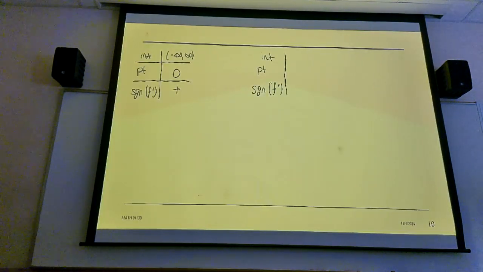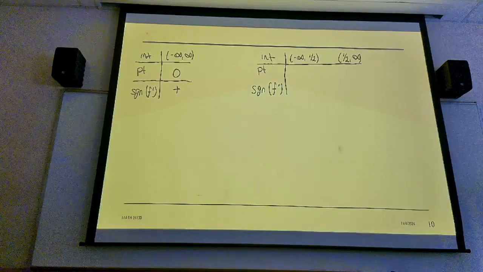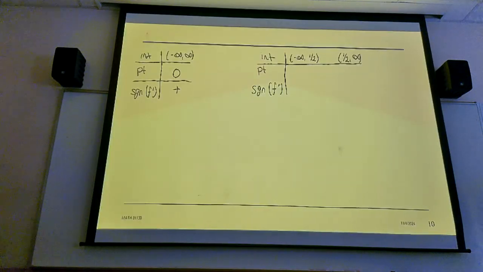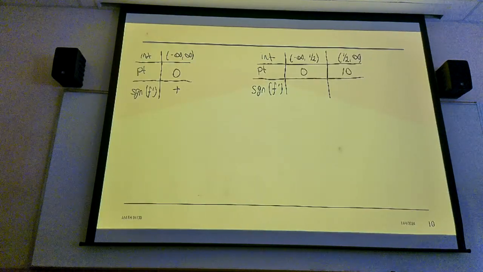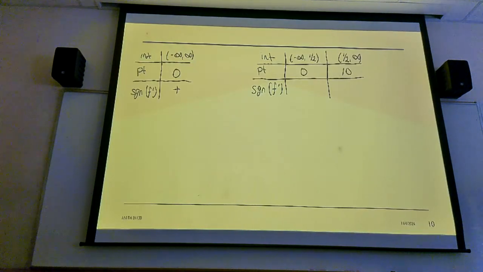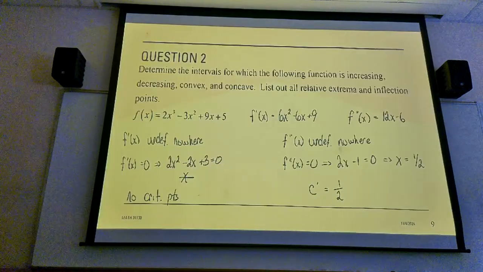F double prime did have a critical point. We're going to split the domain of f at that point. Choose a test point in each interval, then determine the sign of f double prime. At 0, it's negative. At 10, it's positive.